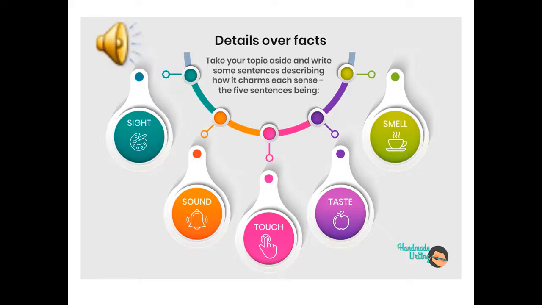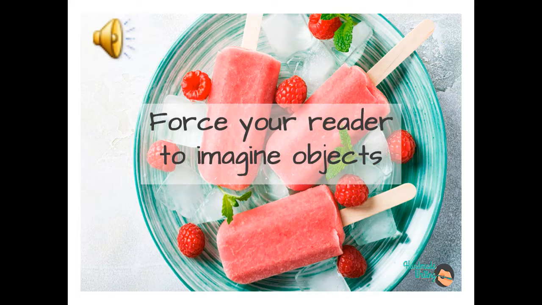Because in this particular situation, you would have plenty of time to add details and figurative language as well to describe that particular incident. In short, descriptive writing wants you to force your reader to imagine that object, that person, or that place.